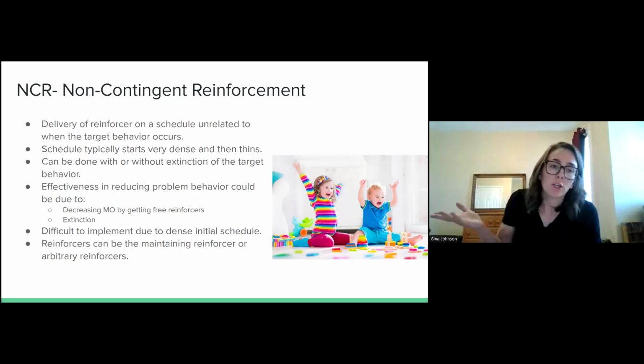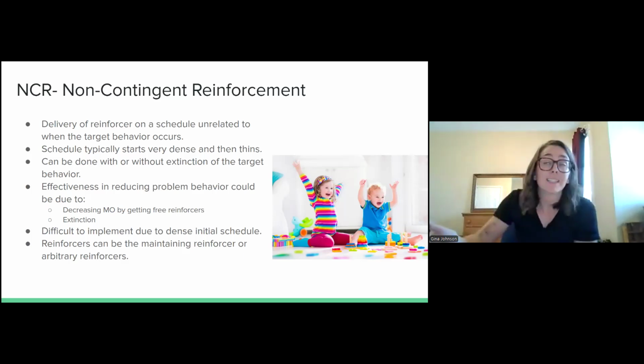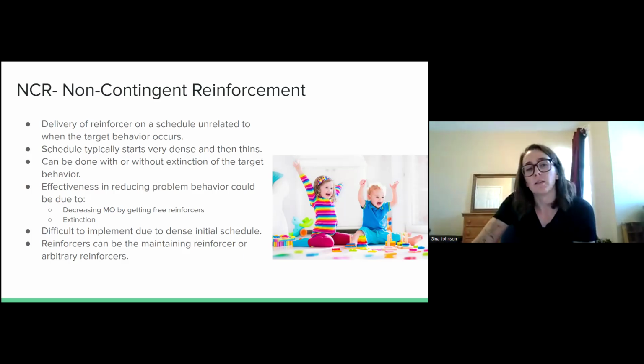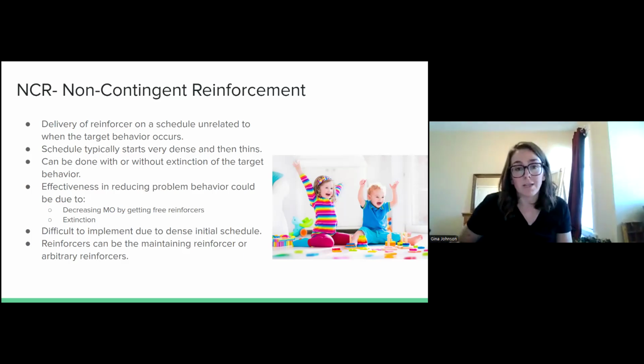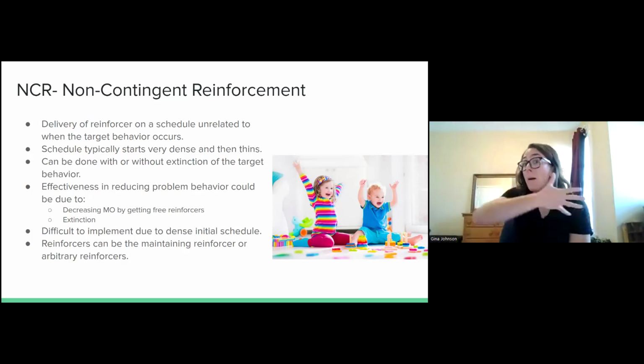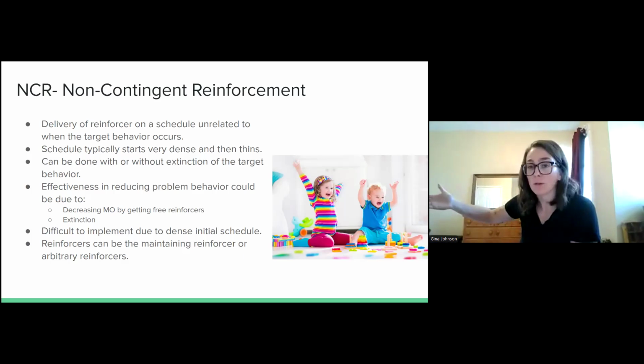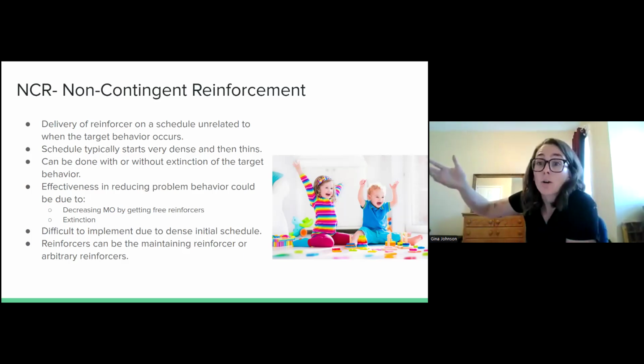So the literature discussing non-contingent reinforcement, NCR, talks about how the effectiveness could be due to just decreasing the motivation to access the reinforcer by delivering that reinforcement non-contingently, just at a higher rate, right?